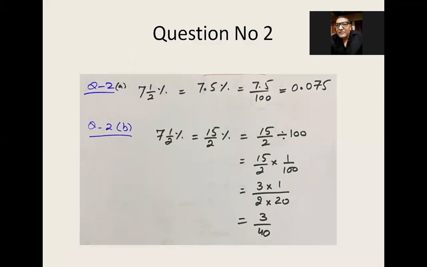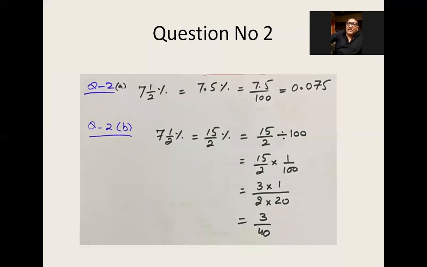0.075, and the B part is 7 whole 1/2%. They want us to represent this as a fraction in the simplest form. So 7 whole 1/2 means 2 sevens are 14, 14 plus 1, 15. So 15/2%. 15/2% means 15/2 divided by 100. When you divide, you convert that divide sign into a multiply sign and flip the fraction.